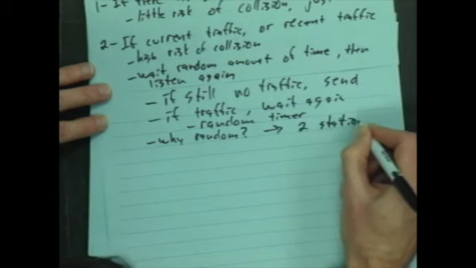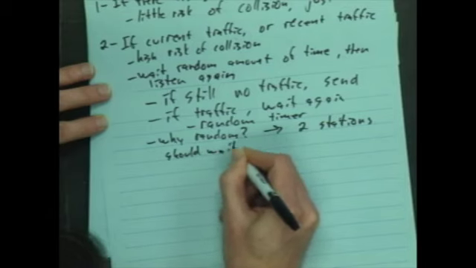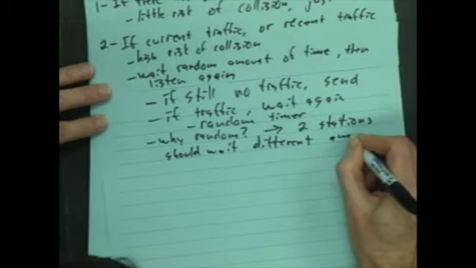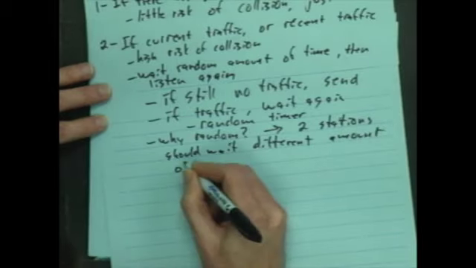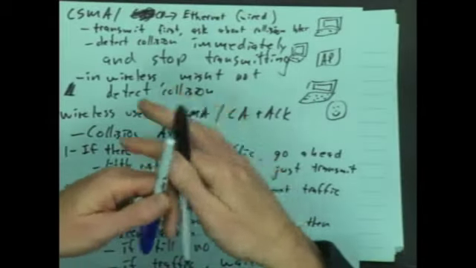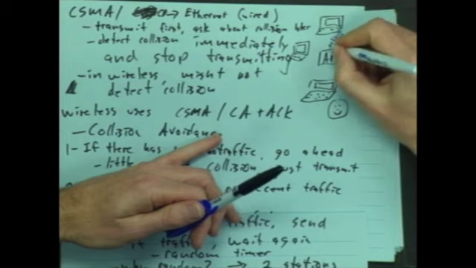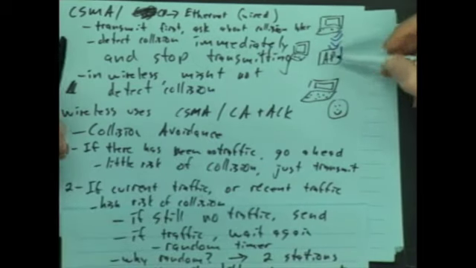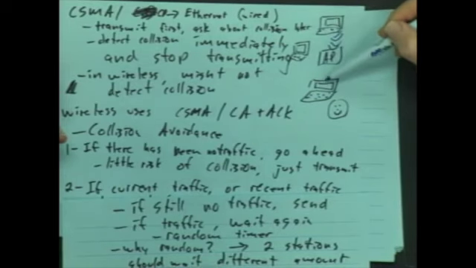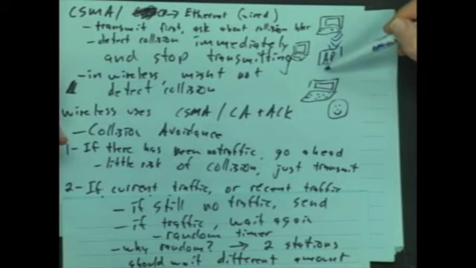The point here is two stations should wait a different amount of time. What I want to do is make sure that, for example, if I've been hearing this one transmit and then this one goes dark, remember, I'm worried about me colliding with, for example, this person who wants to send at the same time.